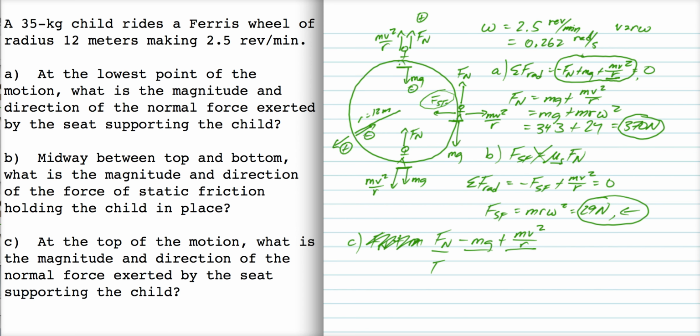That gives me that the normal force is equal to mg minus mv squared over r, or mg minus m r omega squared, which is 343 minus 29. Again, compared to what my result was up here, here I got the normal force is the combination of the two. Here the normal force is the difference between the two. So that's 310 newtons.